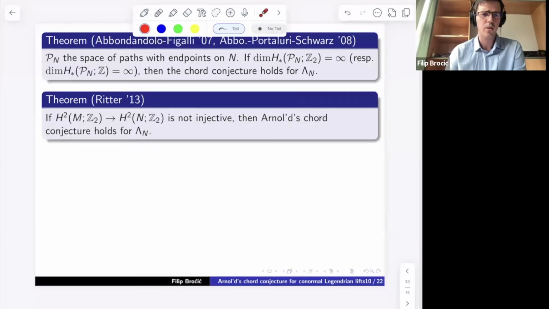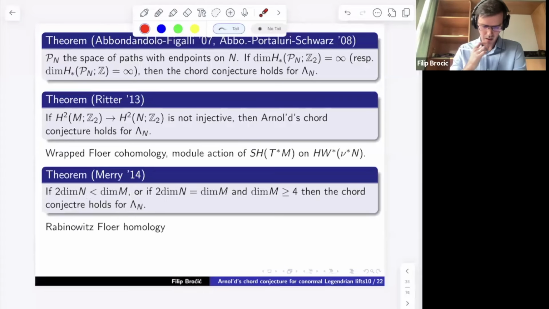Then there was a result of Ritter, which states that if a map induced by inclusion on the second cohomology is not injective, then Arnold's chord conjecture holds for the conormal lift of the submanifold. And this result uses Reeb-Floer cohomology and the module action of symplectic cohomology on the Reeb-Floer cohomology.